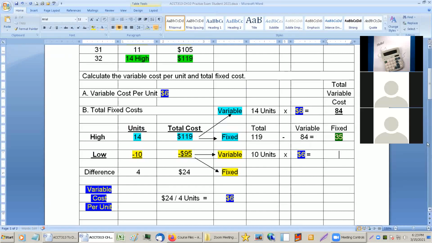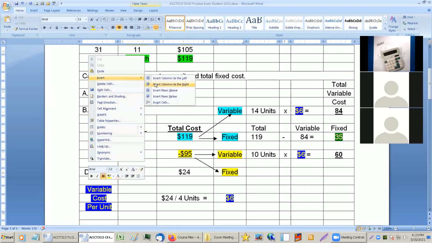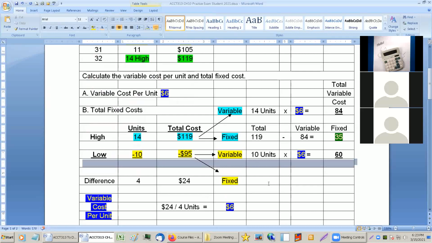What is that, 60? All right, and this will be our fixed cost.